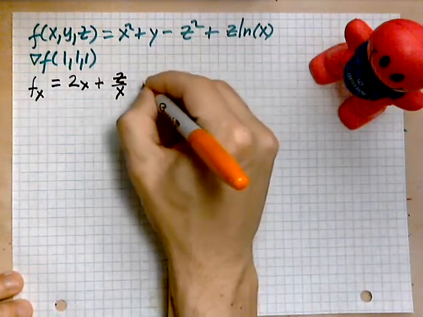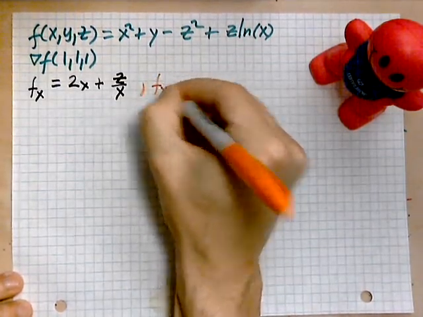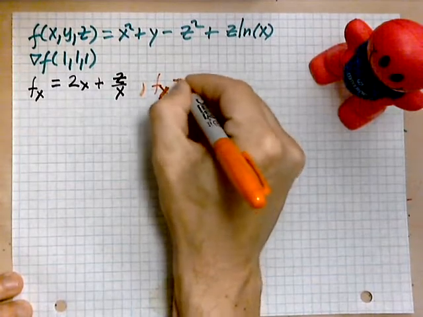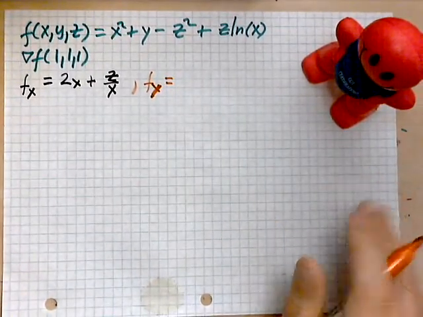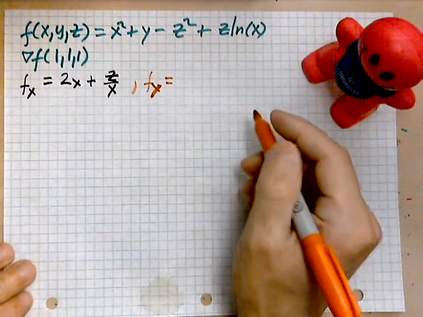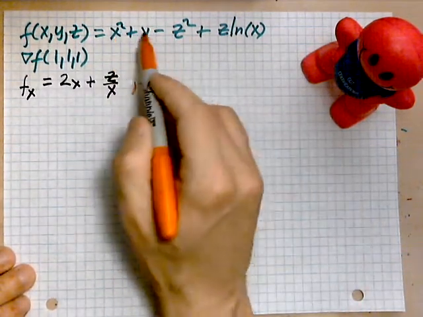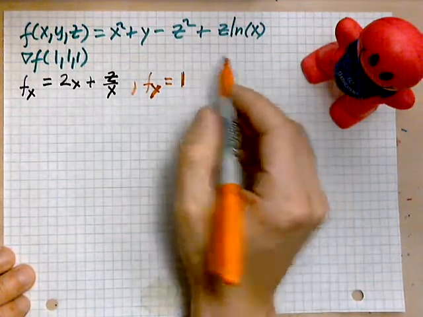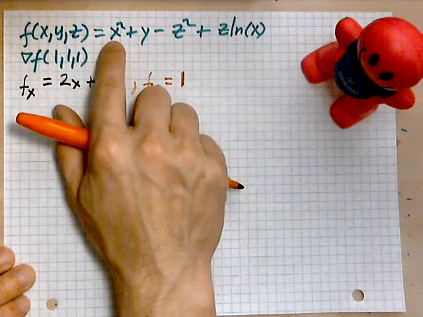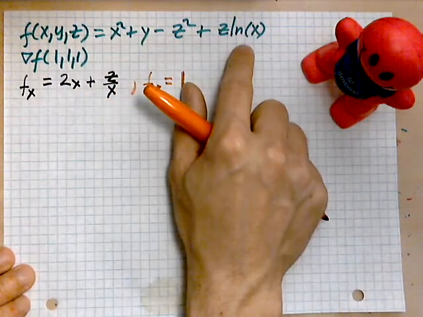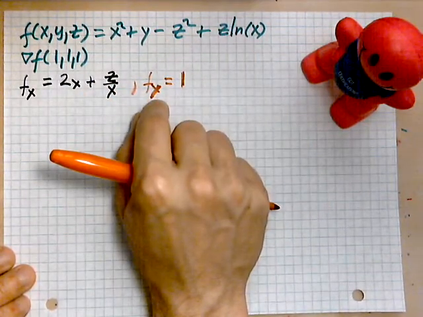With respect to y, the partial is the following. The y term gives you 1, and that's it. Everything else goes away, see? This doesn't vary with respect to y, nor does this, nor does this. So the partial with respect to y is very nice here.